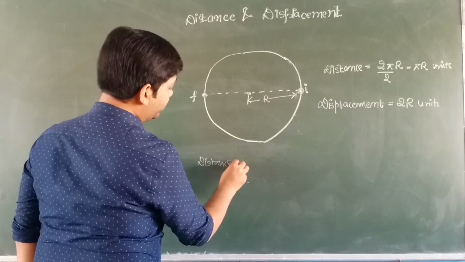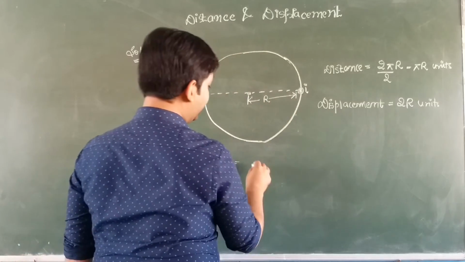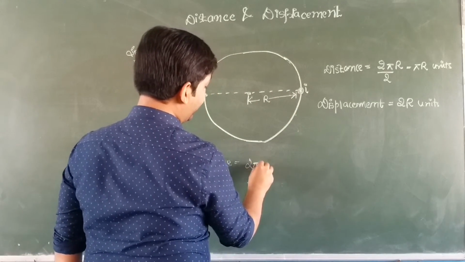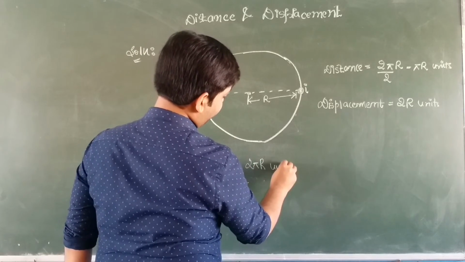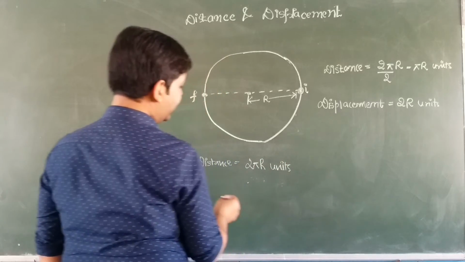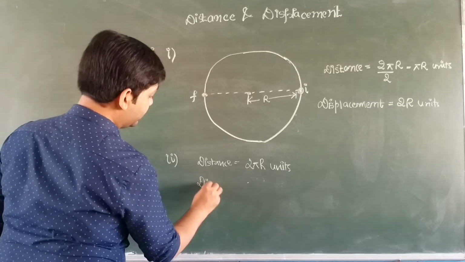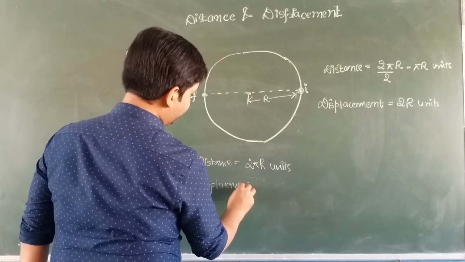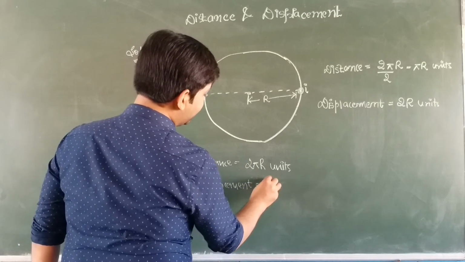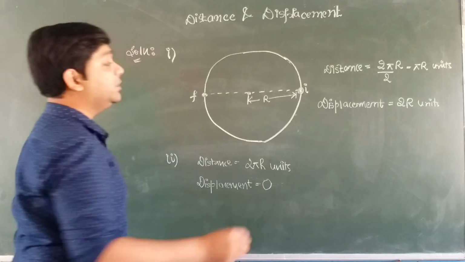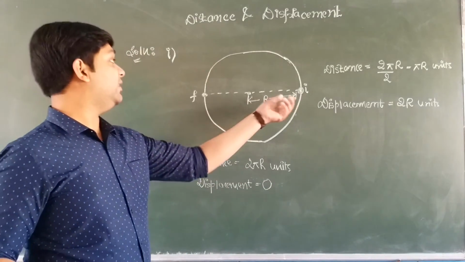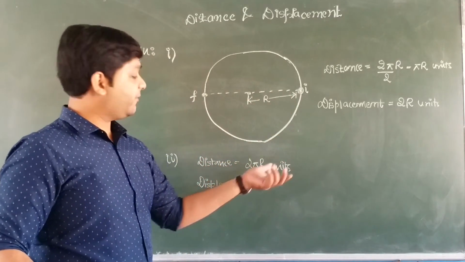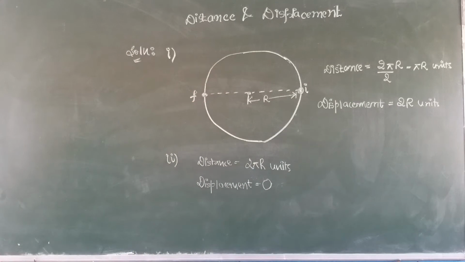Distance will be equal to the complete circumference of the circle, which is equal to 2 pi r units. Fine? And displacement will be equal to 0. Right, very good. Displacement will be 0 because initial and final points are same, so the shortest distance between these two points is 0. Fine. So this is the solution. Please copy it and then we shall move to our next problem.